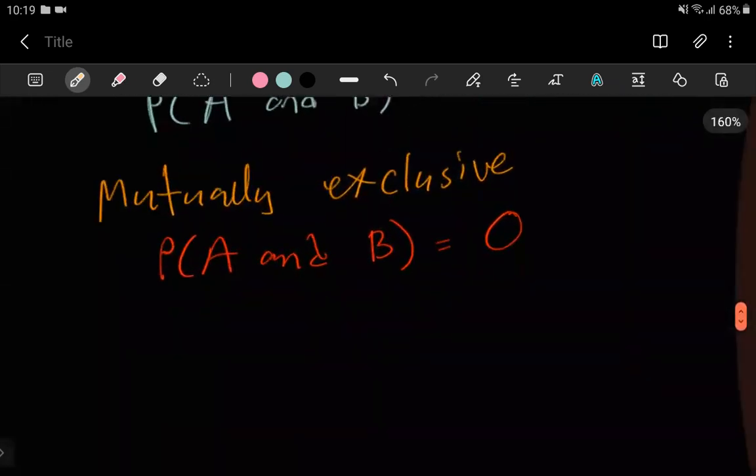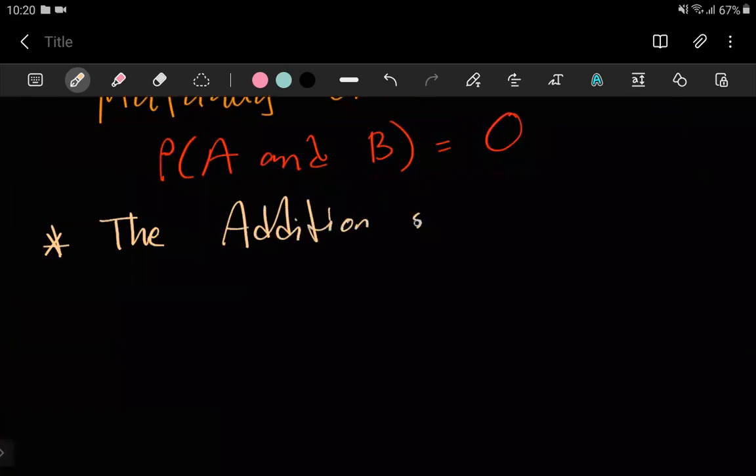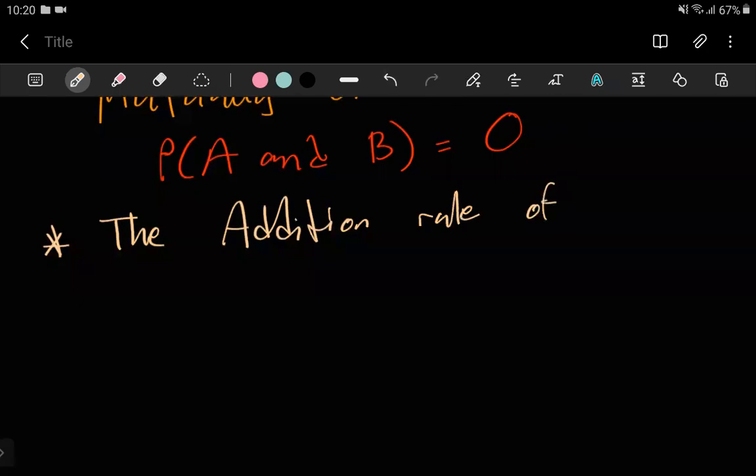The main probability formula that you need to know is called the addition rule of probability.